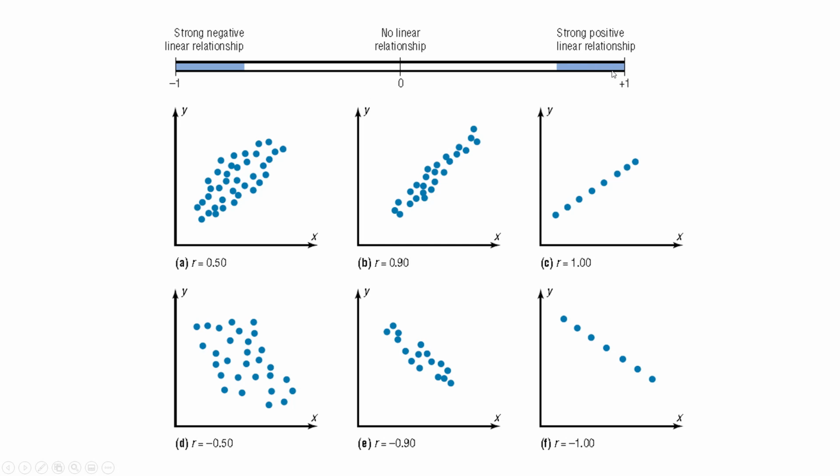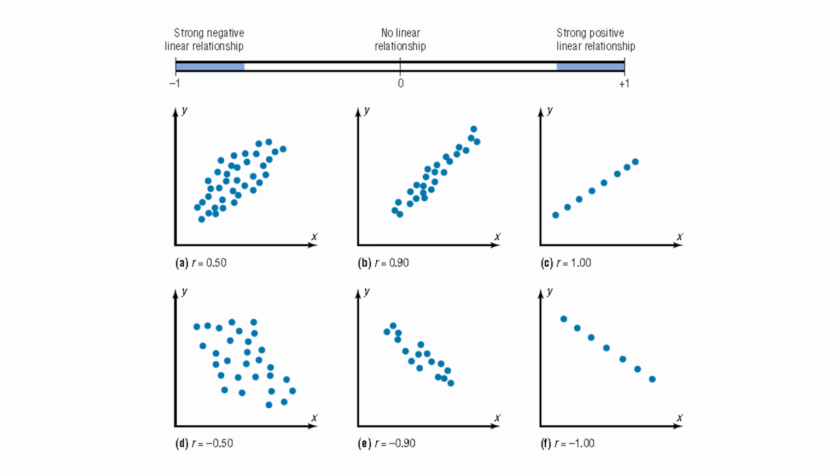If there is a strong negative linear relationship between the variables, the value of r will be close to negative 1. When there is no linear relationship between the variables, or only a weak relationship, the value of r will be close to 0. So in this presentation, we have a strong negative relationship, then no linear relationship, and a strong positive linear relationship.